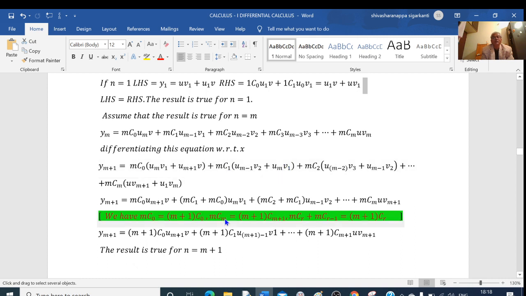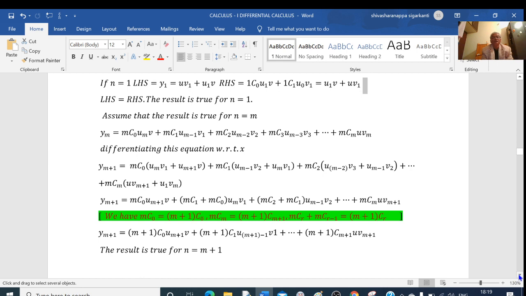I will write this as mC1 plus mC0, taking this v_1 common factor, plus. Next I will write u_{m-1} v_2 terms. u_{m-1} v_2 is here, u_{m-1} v_2 is here. Taking this common factor, I will get mC2 plus mC1. Okay. Plus, and next finally I will write this last term here, mCm u v_{m+1}. Okay.